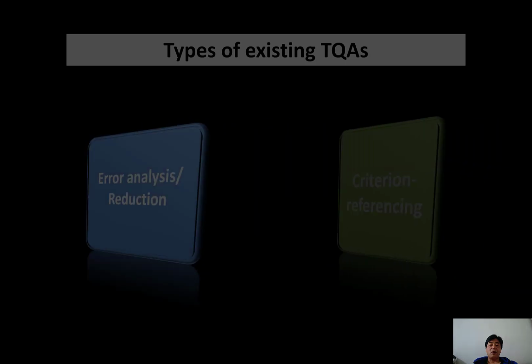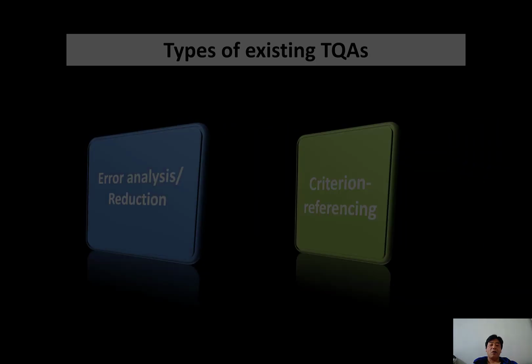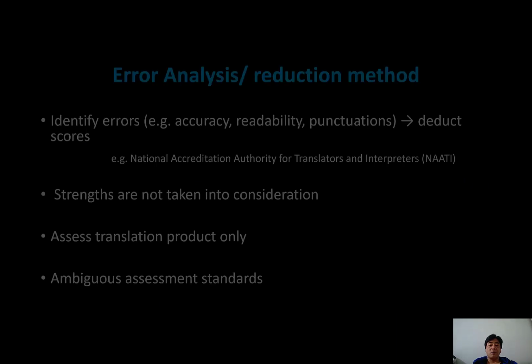In terms of types of existing TQAs, there are two types: error analysis reduction method or criterion referencing method. So let me explain each of the types. The first type, the error analysis reduction method, is still the mainstream assessment method in translation, in which errors are identified in terms of accuracy, readability, punctuation, etc. And if there is an error, a score is deducted.